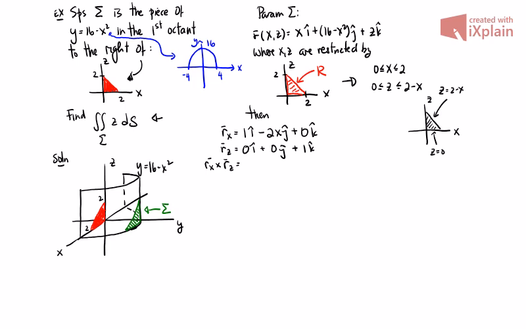For the i component, I get negative 2x times 1. That's negative 2x. For the j component, we get 1 times 1, so that's negative 1j. For the k component, we get 0. Take the magnitude: square root of 4x squared plus 1.